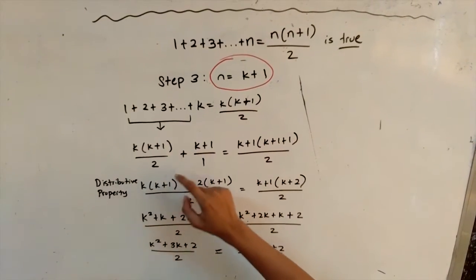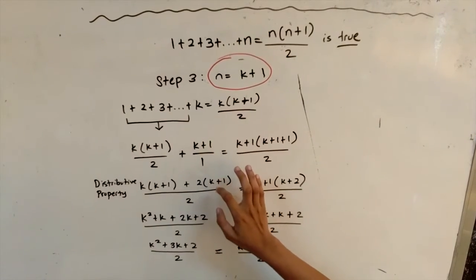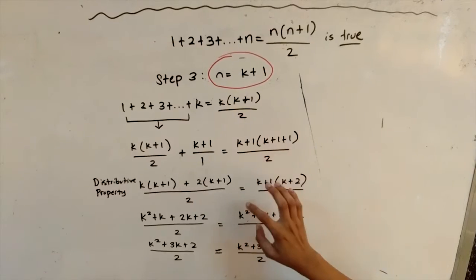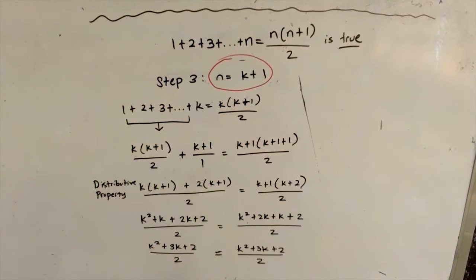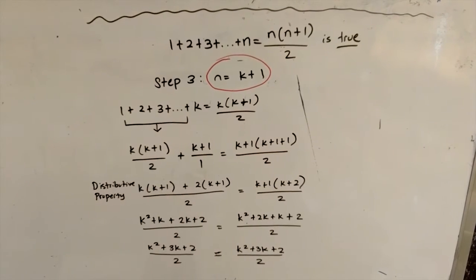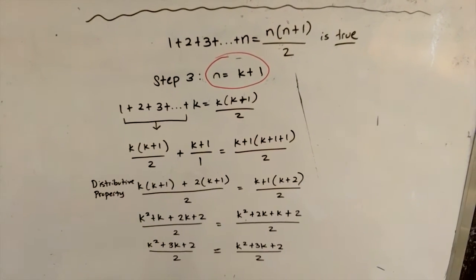Next step, we're going to simplify this fraction. Since it was addition of fraction, we can apply the cross multiplication step. And we will come up with this equation: k multiplied by k plus 1 plus 2 multiplied by k plus 1 over 2.